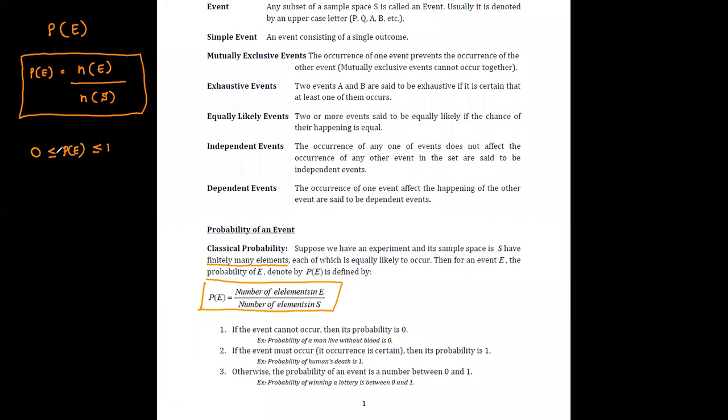It means that the minimum value that we can obtain for the probability of an event is 0, and the maximum probability that we can obtain for any event is 1. Otherwise, we will get a value for the probability of an event which is between 0 and 1. Therefore, this is one major rule that we have to follow when dealing with probability values.